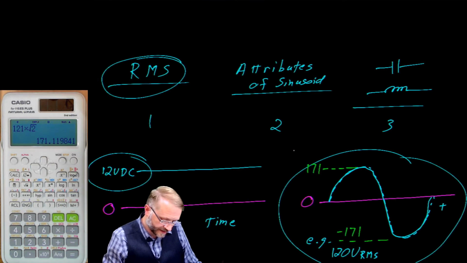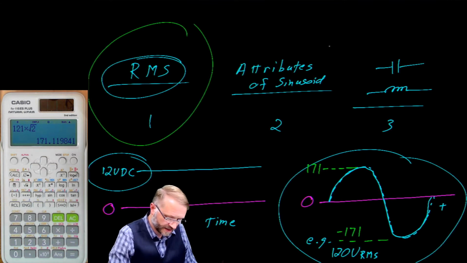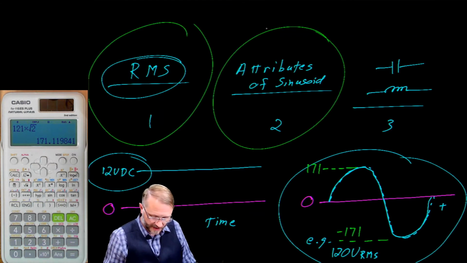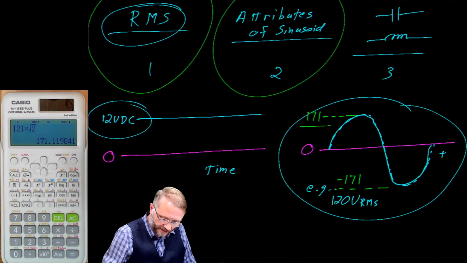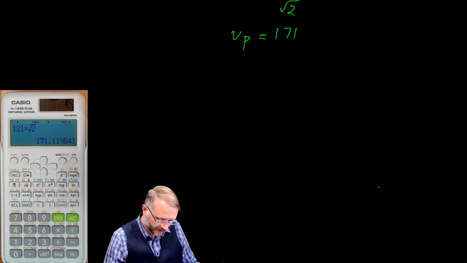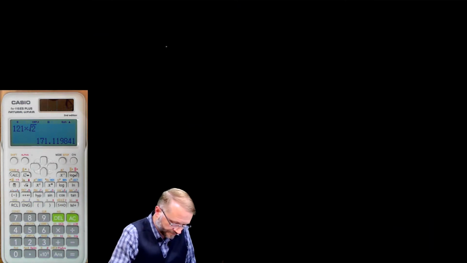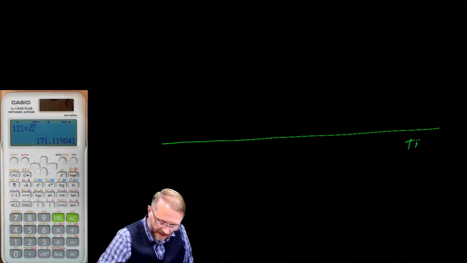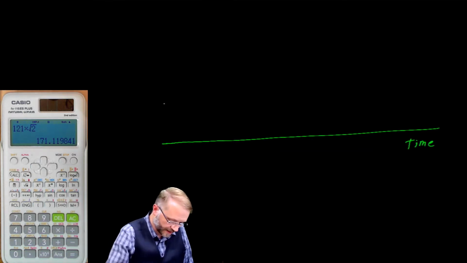All right, so that took care of that piece. Now we're going to look at the attributes of a sinusoid. And to be sure, we've already looked at a few, where we said that there's a peak voltage. Let's go down here and give ourselves some room to work. We start with a line, and this is our time. Okay, so that's our time.